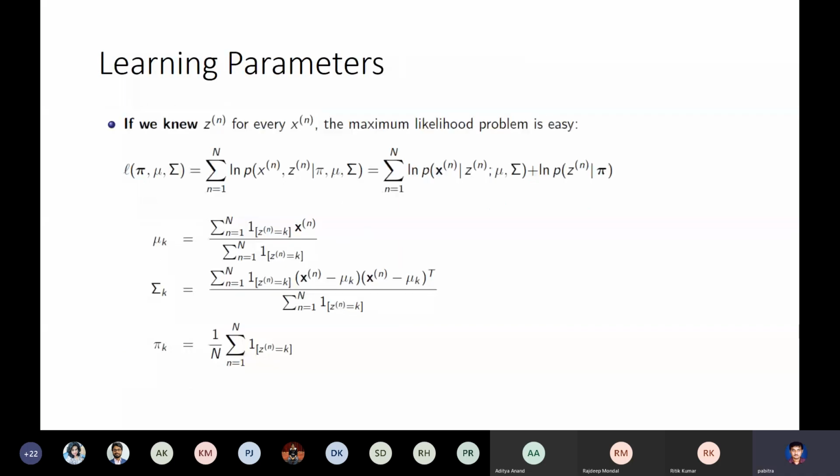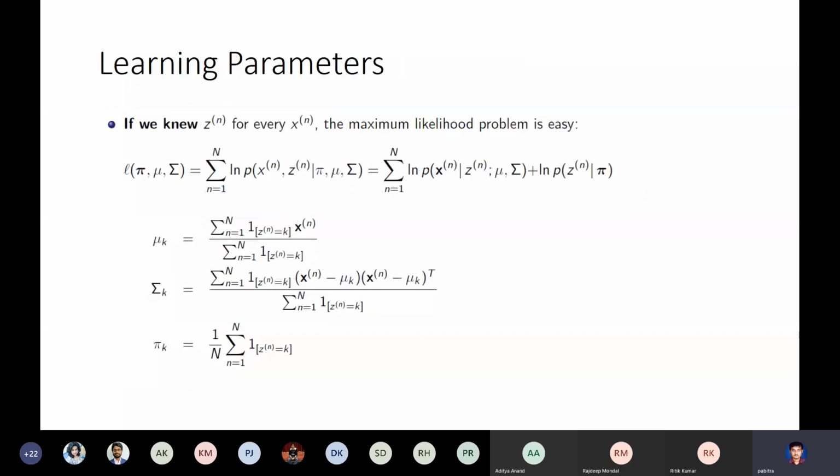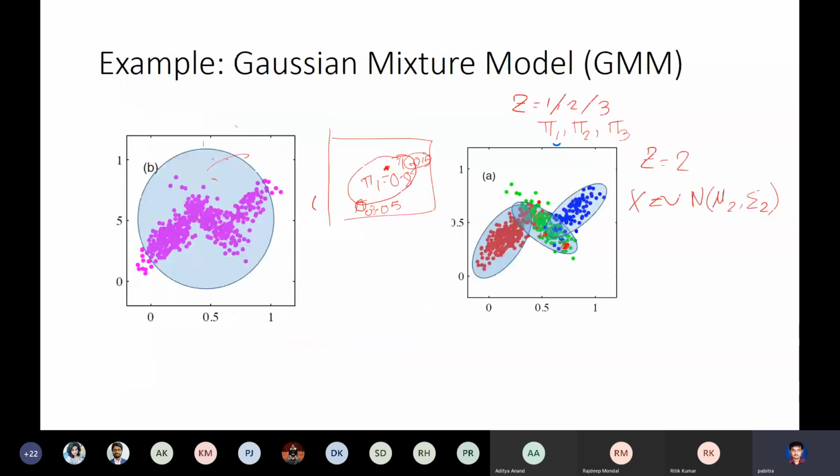Okay, so now how do we estimate this? First, I am giving you an insight. Then you think. All right. So let me come to this picture. Suppose I knew the mu and sigma. Suppose I know the values of mu1, sigma 1, mu2, sigma 2, mu3, sigma 3.